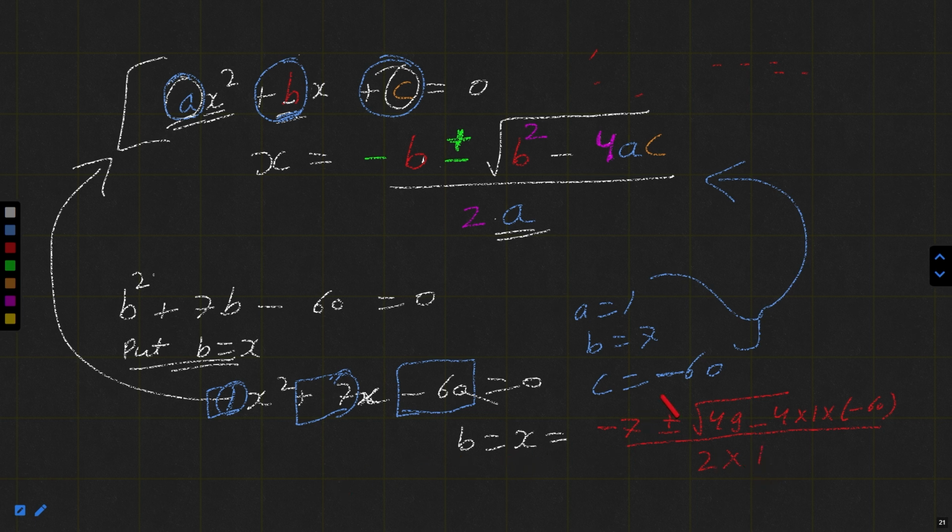Now let me solve it. Solving gives me minus 7 plus minus the root of 49. It becomes plus because minus multiplied by minus gives plus, and 60 times 4 is 240, and 240 multiplied by 1 is 240. In the denominator it is 2.